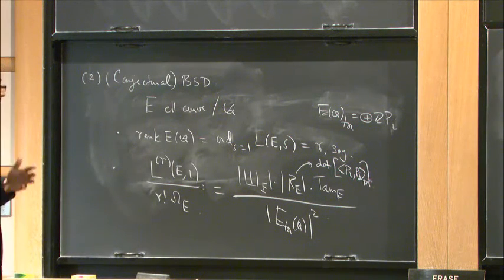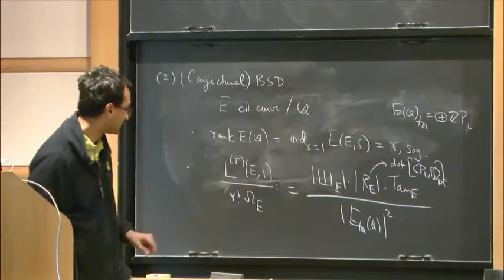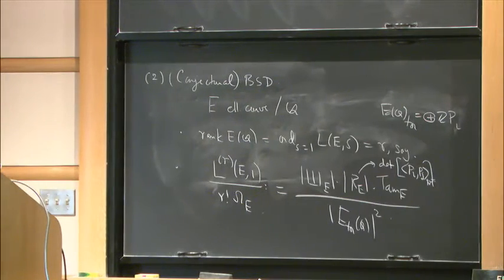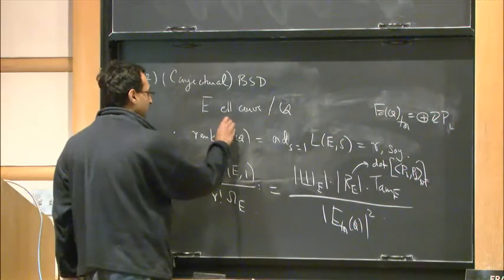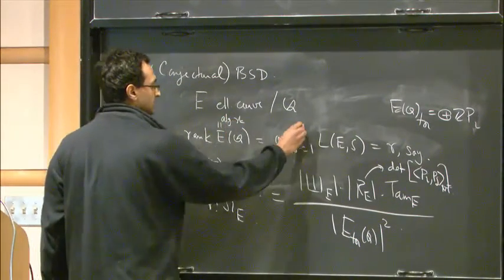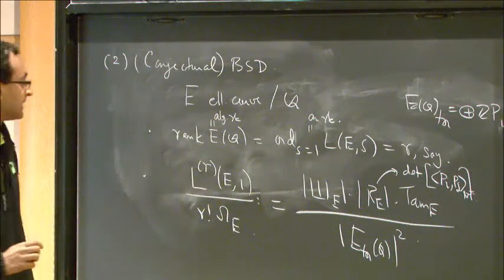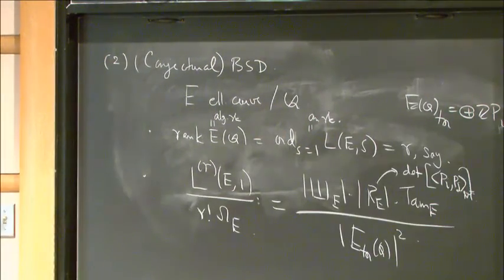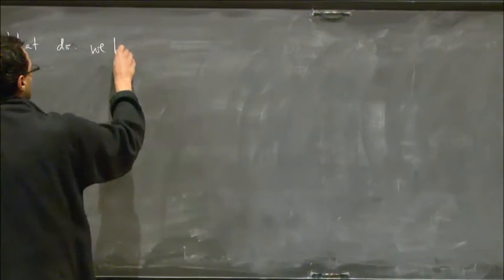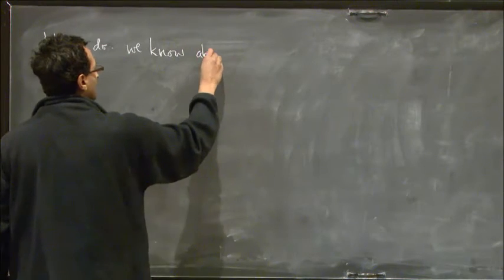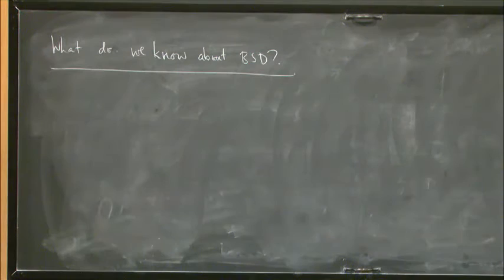Okay, so I want to remind you about what we know about this conjecture, since it's only a conjecture. This side is often called the algebraic rank, and this is called the analytic rank. And what do we know about BSD?